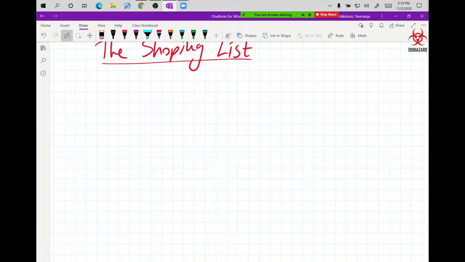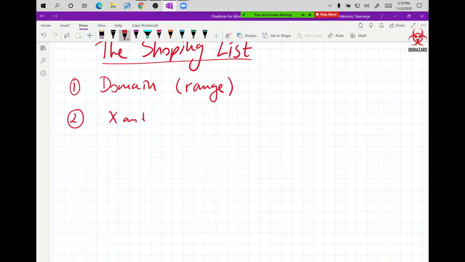So number one, I would say domain. Also range maybe, but not so much. Domain is very important because you need to know what values you may use as an input into this calculation. Number two would be x and y intercepts.